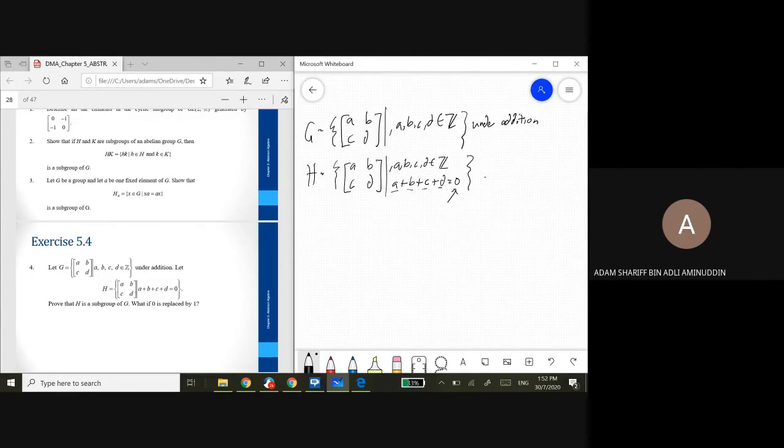Right now, before we start answering this question, what is an example of H? For a normal matrix in G, for example, I put 1, 2, 3, 4. Is it in H?